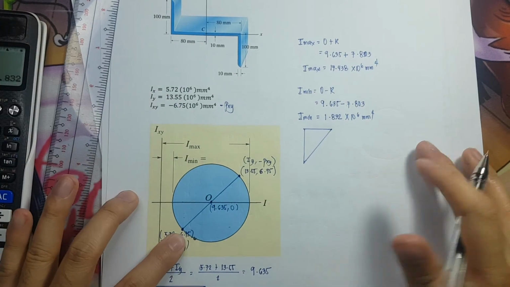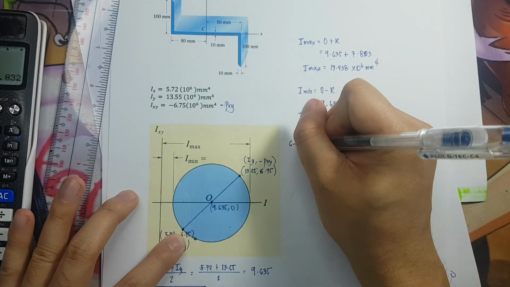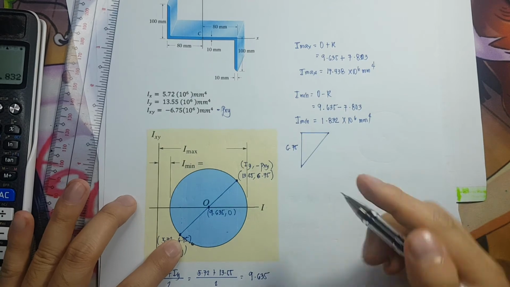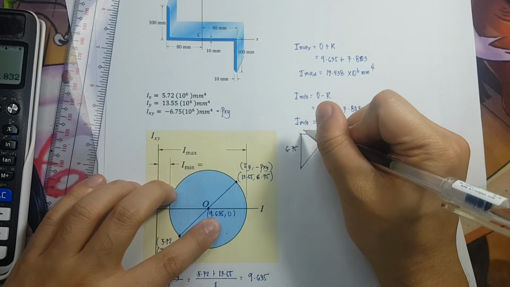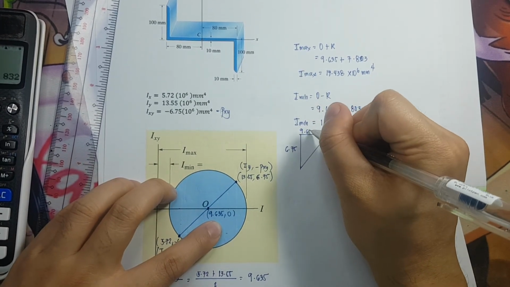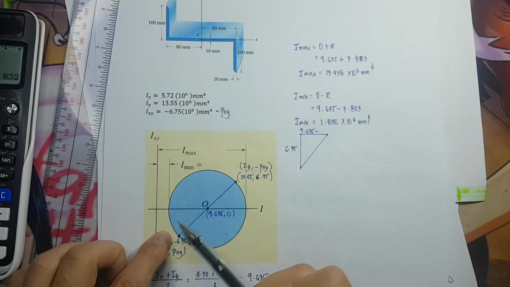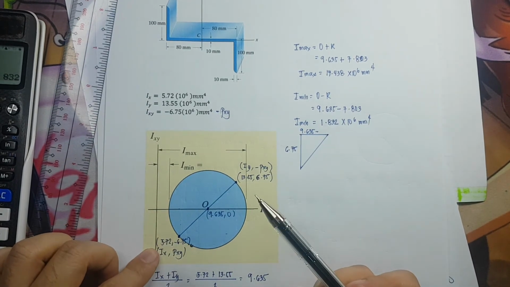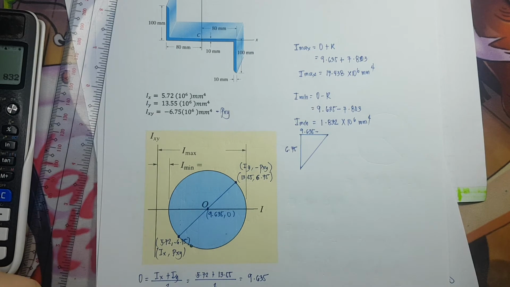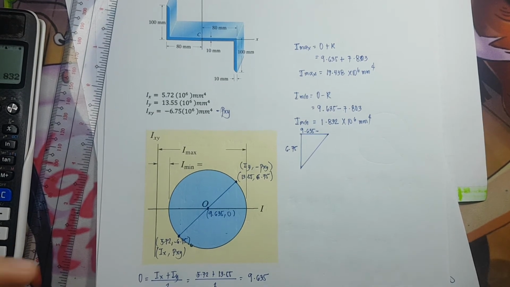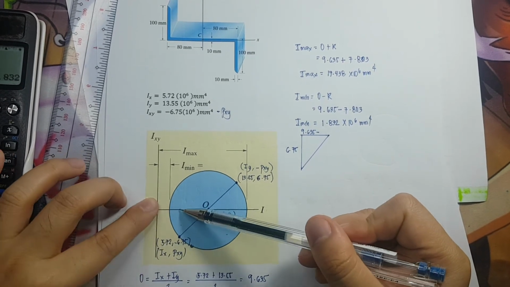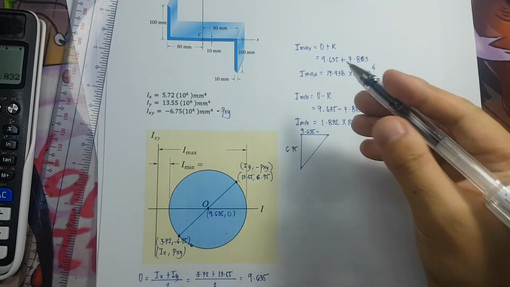We know that this is 6.75, and this line here is 9.635 minus 5.72.